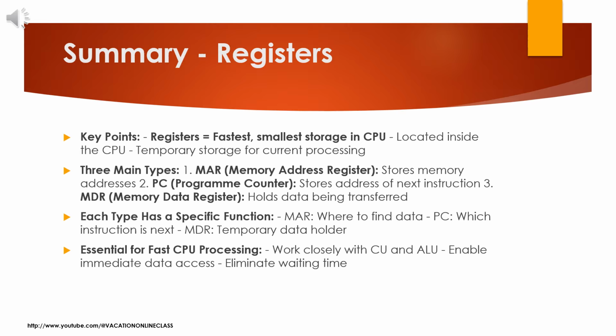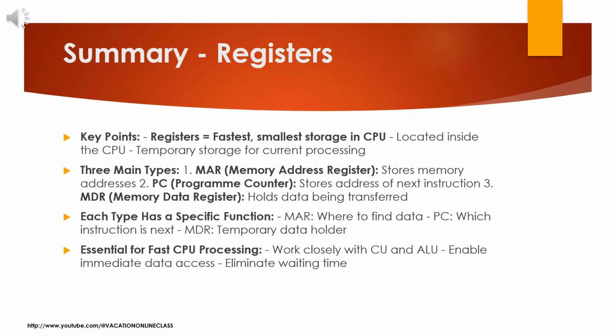To bring our discussion on registers to a close, let's recap the essential points. Registers are the fastest and smallest storage areas in the entire computer. Because they are located directly inside the CPU, they provide the essential temporary workspace for any data or instructions that are being processed at this very moment. We focus on three main types of registers that keep the system moving. 1.